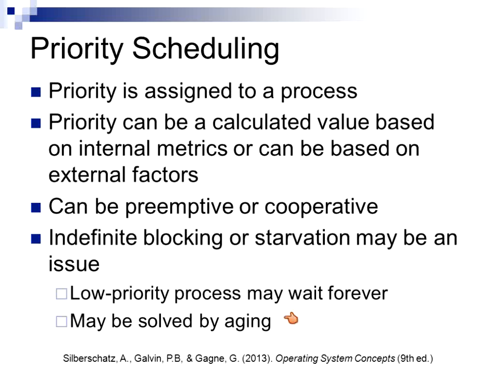If something is waiting and waiting, you might bump its priority up a little bit. Then if it's still waiting and doesn't get the CPU, you bump it up higher and higher, and eventually it's going to be the highest priority job in the system and it will get the CPU. So that's one thing you can do with priority scheduling so that a process doesn't get starved and never get the CPU.